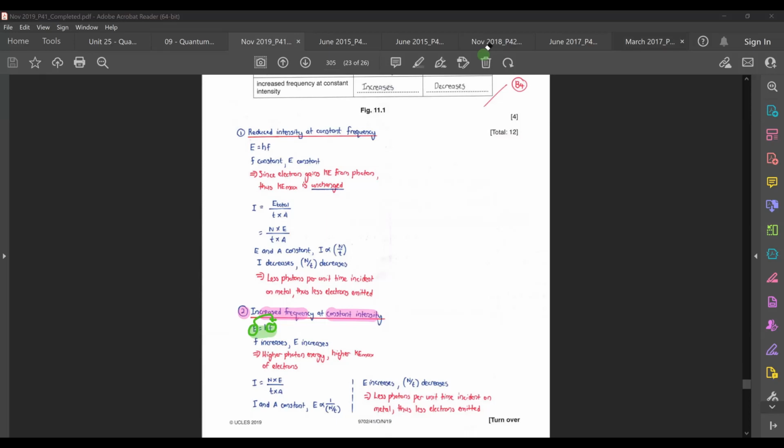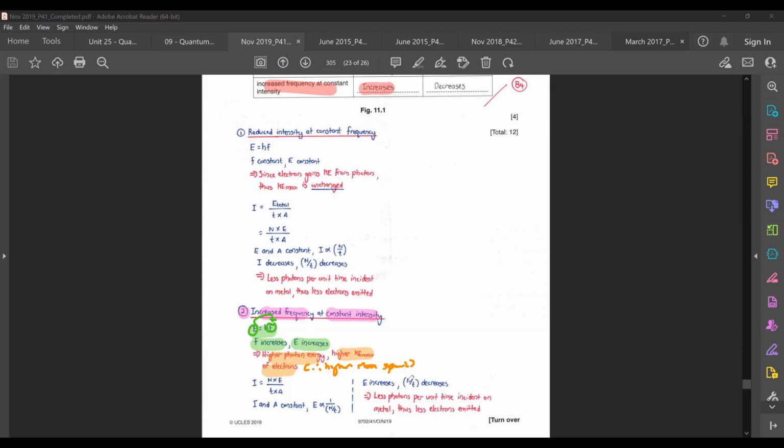Since the Planck constant is constant here, your frequency increases, your E increases. Your electrons are receiving a higher photon energy. It must therefore result in higher KE of your electrons and therefore higher max speed. So your answer for the second row is that the maximum speed of your electrons must be increasing.